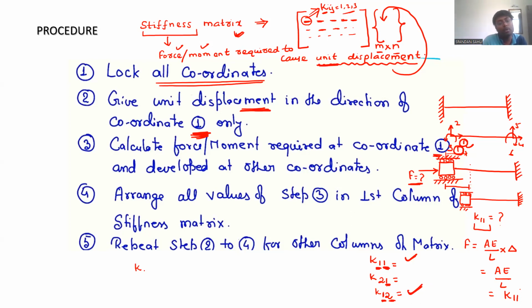So if we have to write K31, then tell me what will be K31?